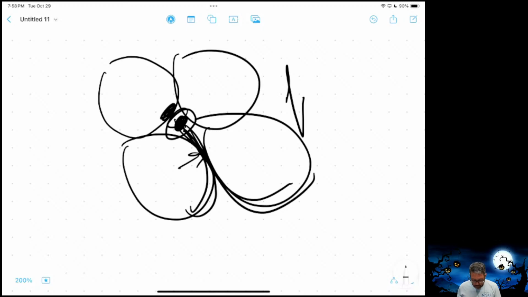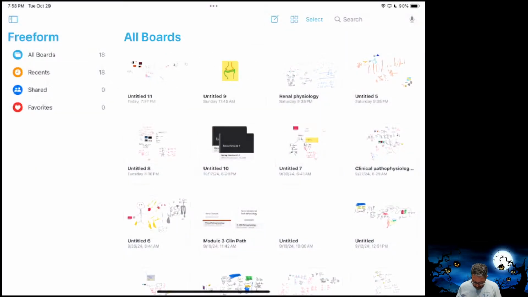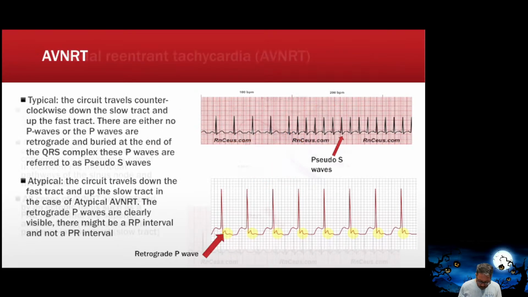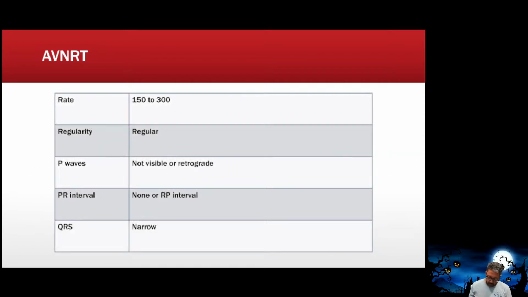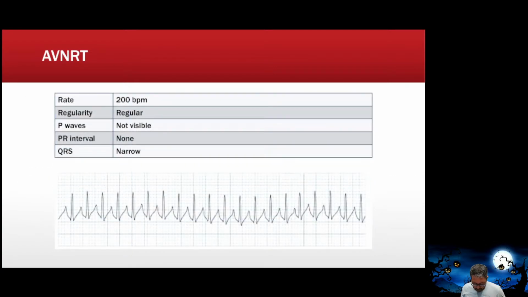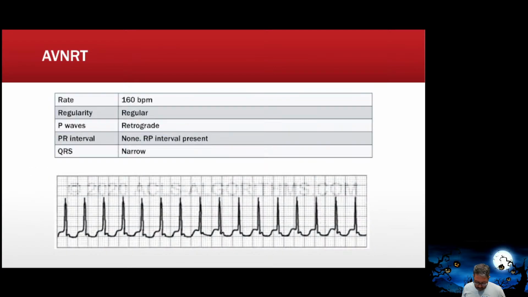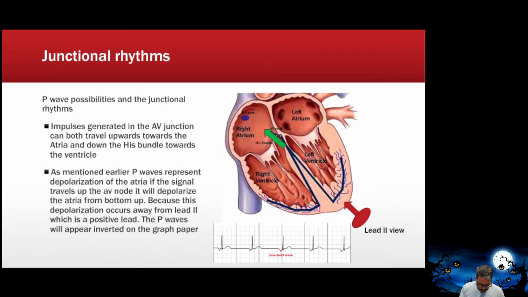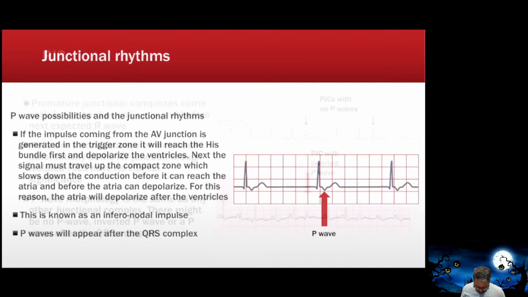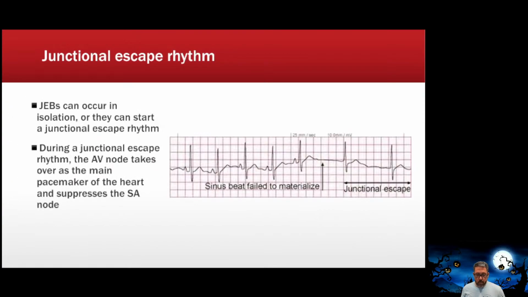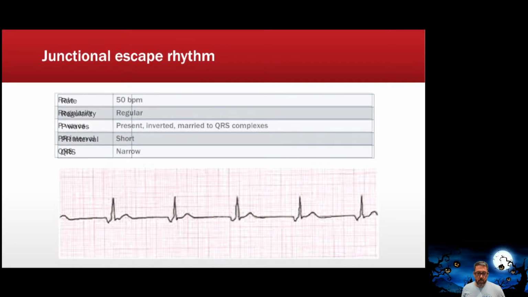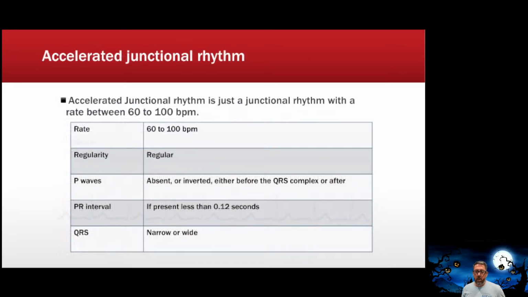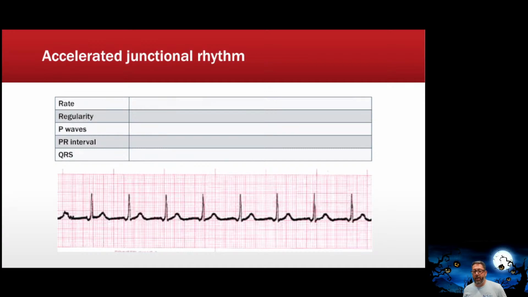Okay, heart blocks. Also, AVNRT is really going to be around 150.